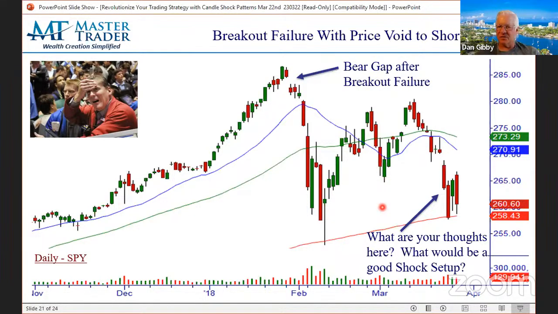The answer is I would have gone to a smaller time frame, just because I always set my alarms early. But this would be a 180 shock pattern if it took out the high of this, for a swing trade, somewhere in here, 50% bounce. And go look at it.